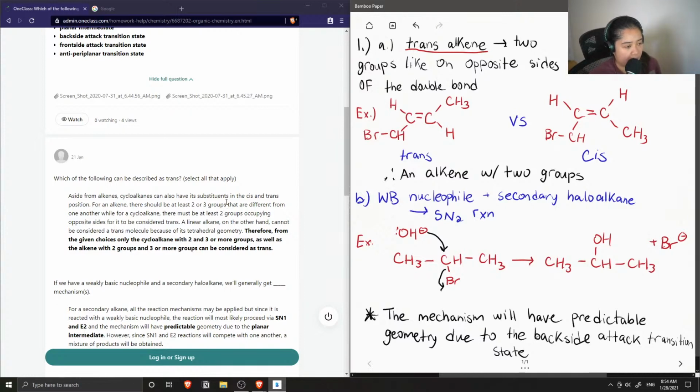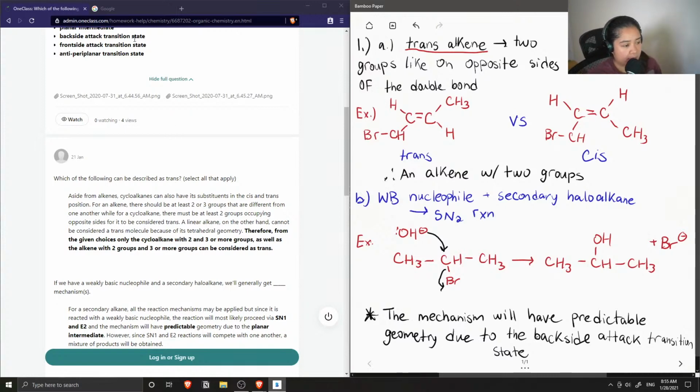A linear alkane, on the other hand, cannot be considered a trans molecule because of its tetrahedral geometry. Therefore, from the given choices, only the cycloalkane with 2 and 3 or more groups, as well as the alkene with 2 and 3 or more groups, can be considered trans.